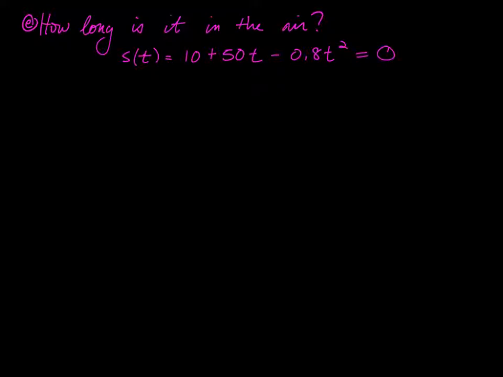If you think about it, looking at it on a graph, this rocket is shot from 10 feet up in the air. It goes up really high, and then it has to come back down. So if we can set this equation equal to 0 and find this time over here, we will know exactly how long it was in the air.